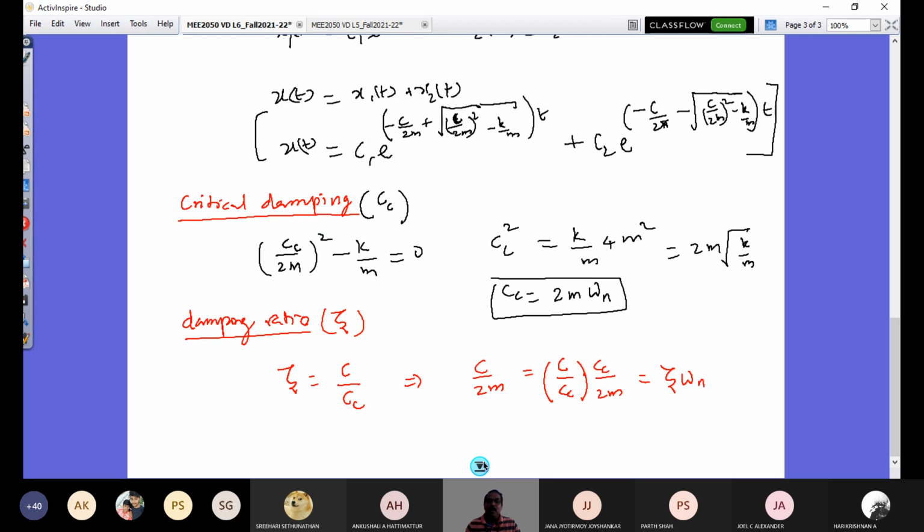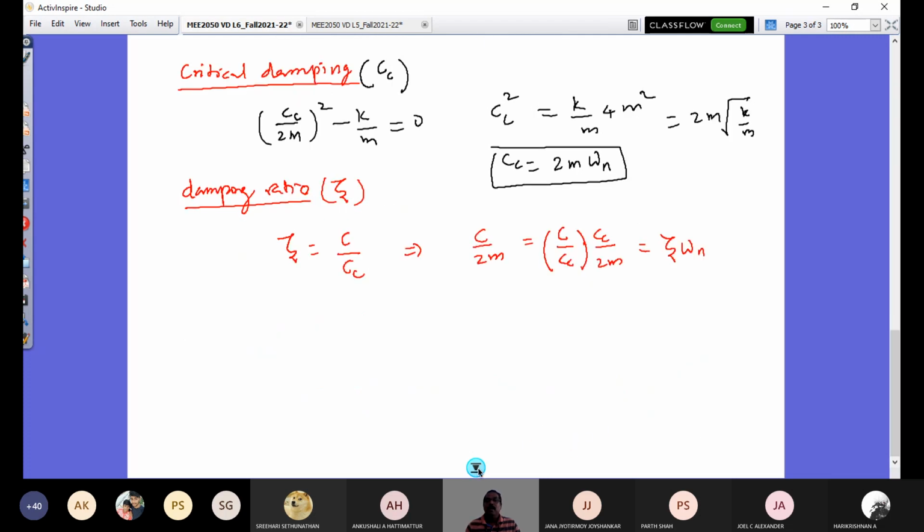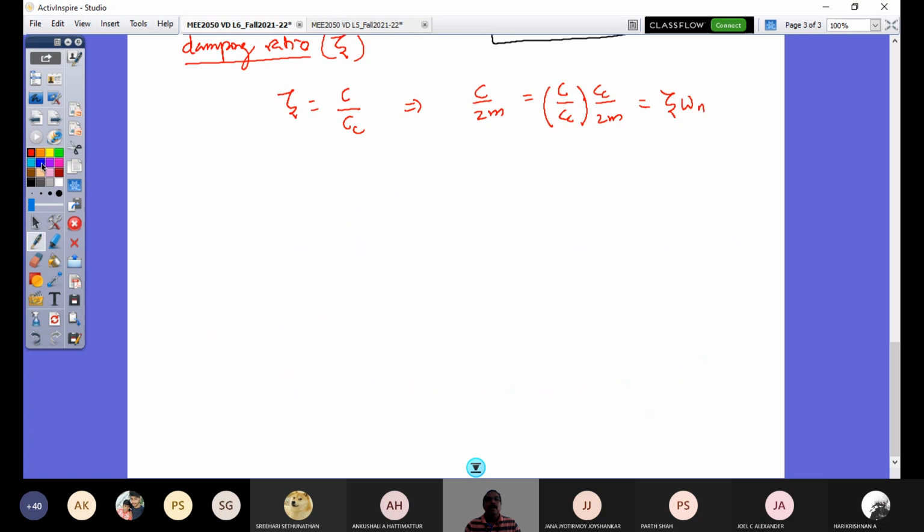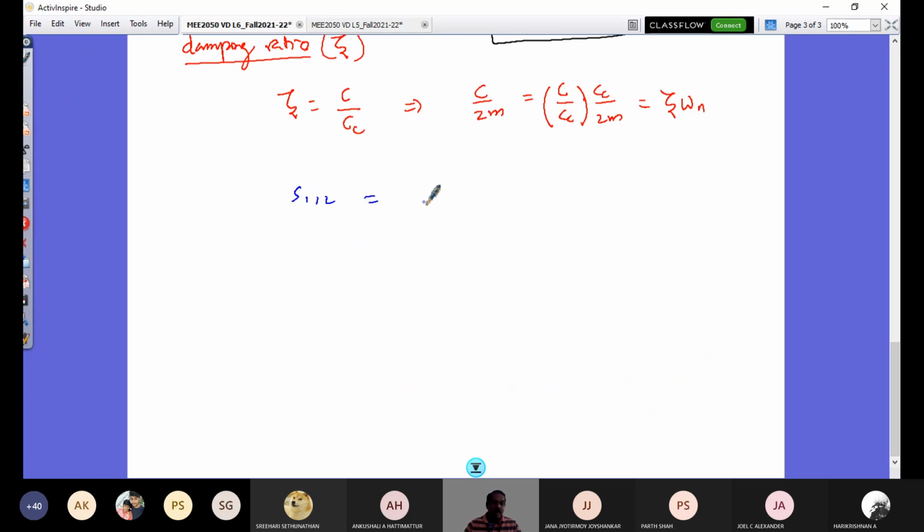So my roots can now be written as S1, 2 equals minus C by 2m, so that's minus zeta omega n, plus or minus under root of C by 2m whole square. So this is going to be zeta square omega n square minus k by m. So that's going to be omega n square.